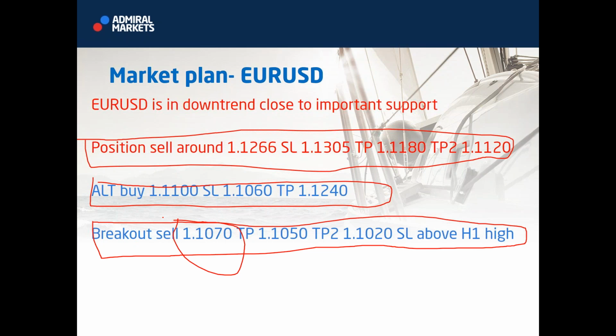Okay? Primarily, I would like to go up. And I will buy a dip if it happens. And this is the setup. I already did the analysis today, so I will show you now.